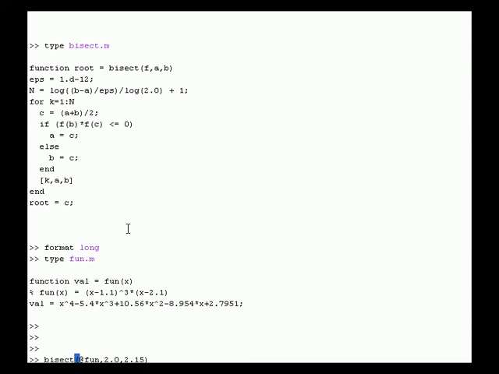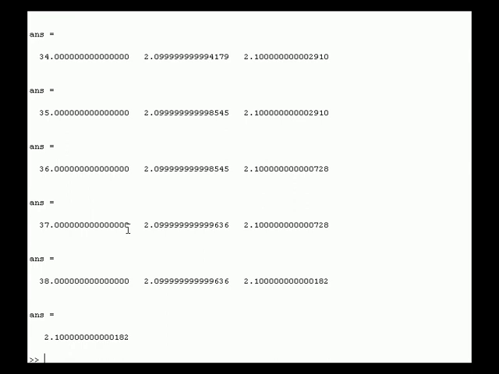We know there's a root between 2 and 2.15. And it takes 38 iterations, and here's a and here's b. And it's quite accurate. We know there's a root between this number and that number. They're both really close to 2.1. And so everything seems to be working fine. Now let's try the other root at 1.1.